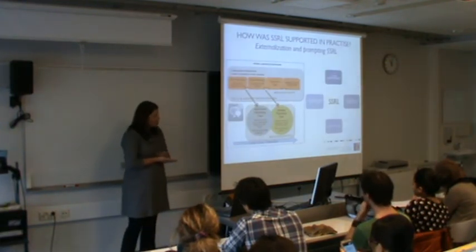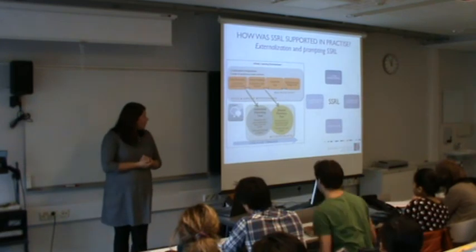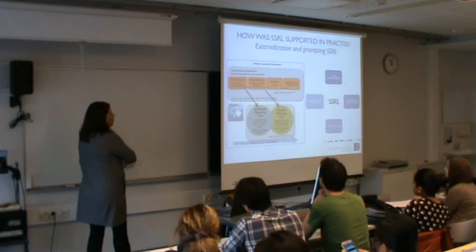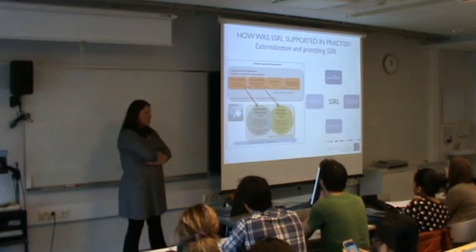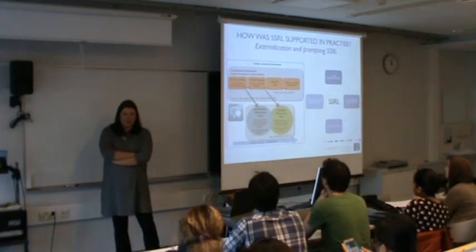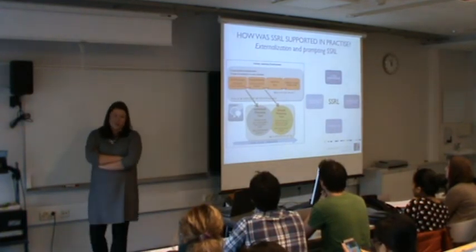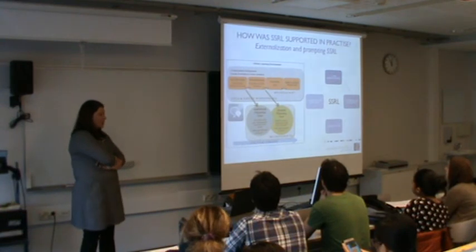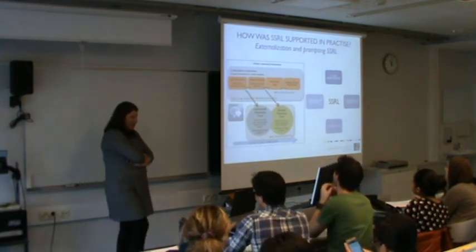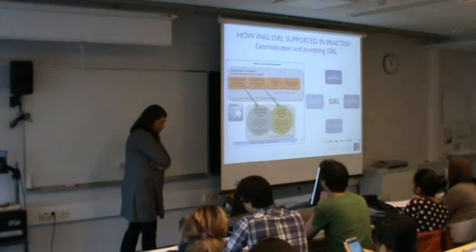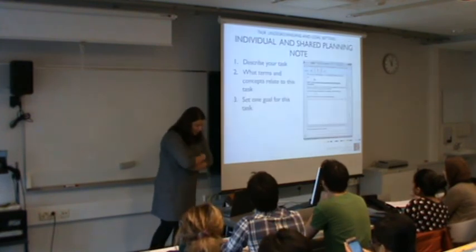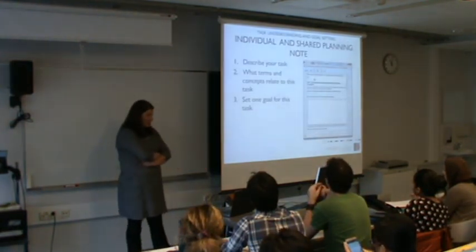So in practice, we wanted to support self-regulated learning and socially shared regulation of learning. In socially shared regulation of learning, each individual student's contributions are also needed. So in order to share their regulation, we first asked each individual to describe their task.